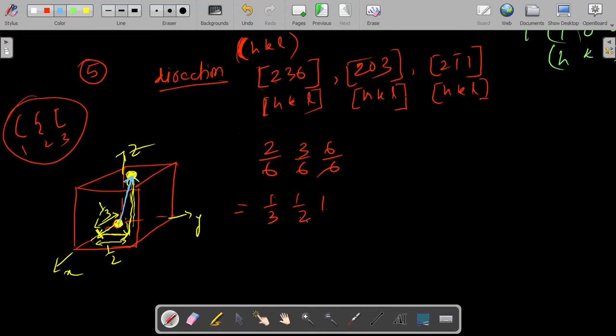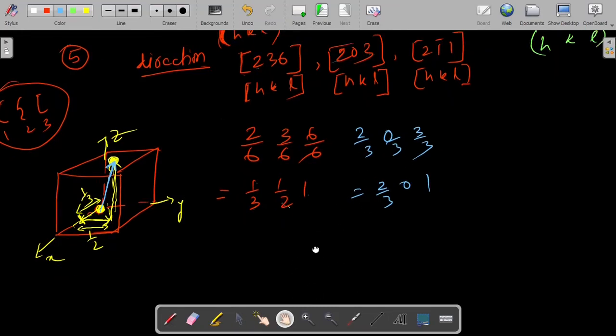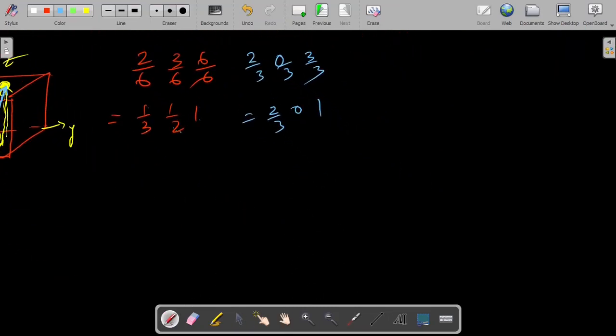If you want to draw the 2, 0, 3, first, 3 is the bigger one. So you draw 2 by 3, 0 by 3, and 3 by 3. This is equal to 2 by 3, 0, 1. So now if you want to draw the direction for this one, what you have to do is draw the cube first.